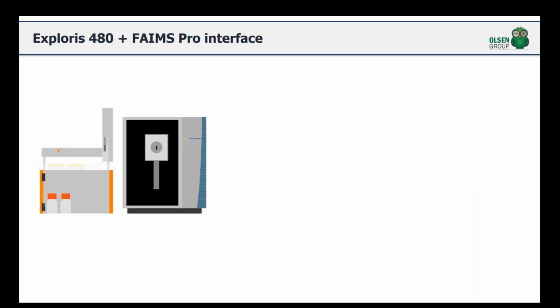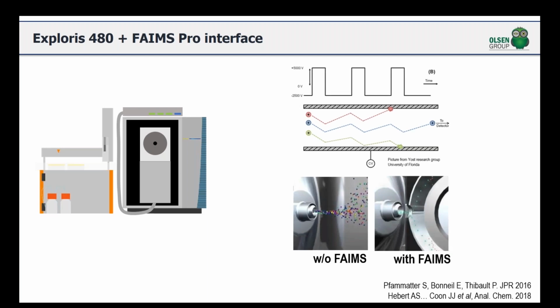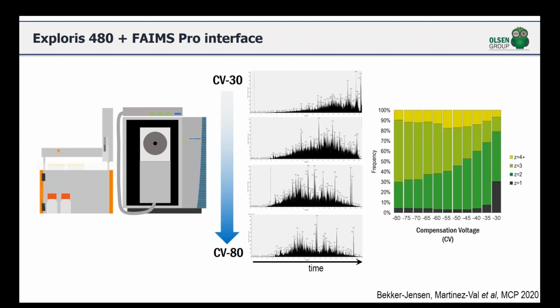And one of the advantages of the Exploris system is that it also interfaces well with the FAIMS Pro source that basically allows you to do differential ion mobility between a high field and a low field. The advantage of this is that using different compensation voltages, one can basically do a kind of gas phase fractionation of the analytes that are eluting off the column.